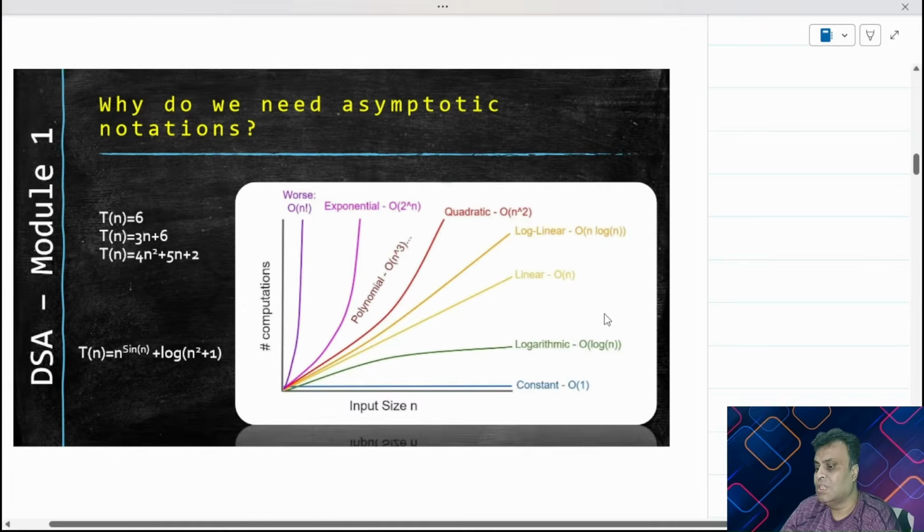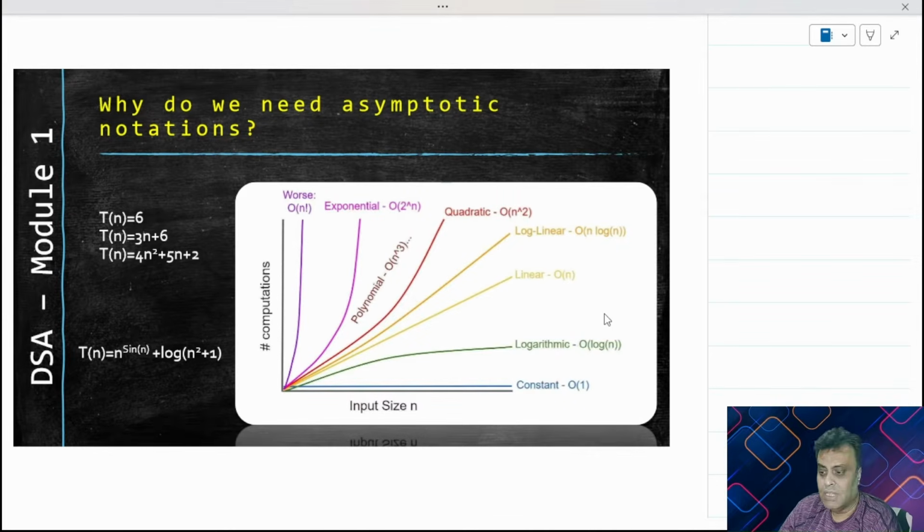What you see on the screen is what we have already covered in the last lecture, where we talked about the time complexities and the various time complexity classes that we can represent on the graph. What you see on the graph are the time complexity classes, well-known time complexity classes. For example, the constant time complexity class is represented by order of 1. Logarithmic is represented as order of log n.